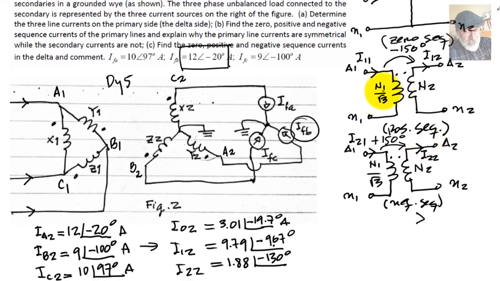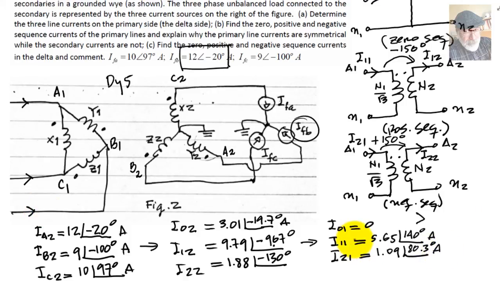And then we apply the ratio. We divide the magnitudes of those currents by root 3. We add 150 degrees to the phase going from the secondary to the primary for one sequence, and for the other we subtract 150 degrees, to find those sequence currents in the primary lines of the transformer. Let's do that.